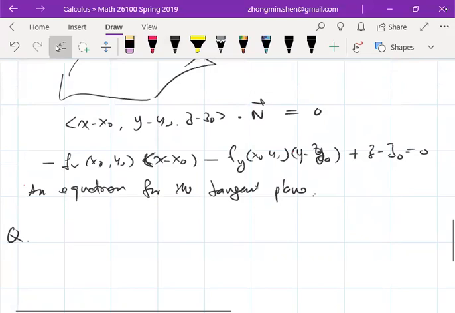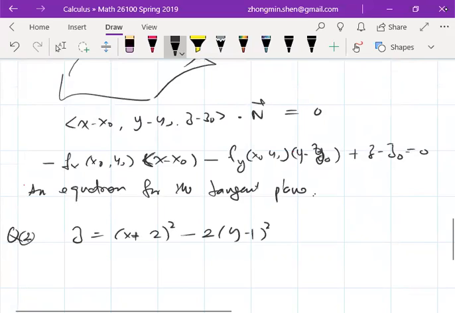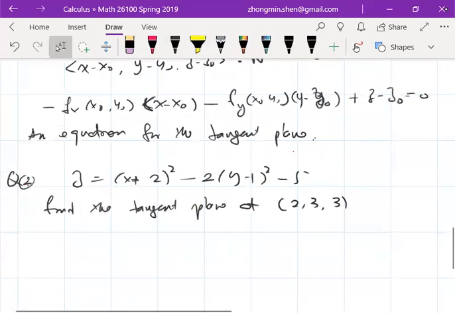So let's do problem number 2 from the book. You are given this equation. Find the tangent plane at the point (2, 3, 3). First of all, this is a point. Make sure to double check, sometimes there could be typos.